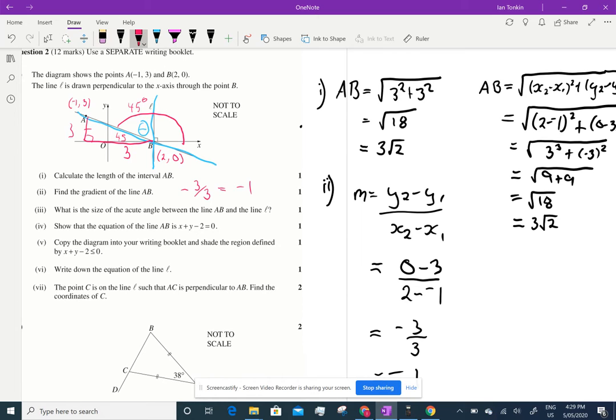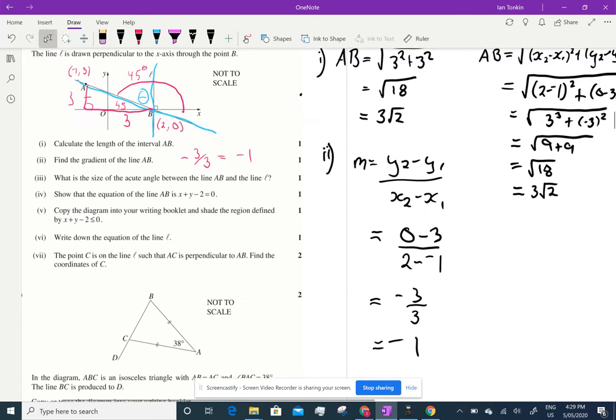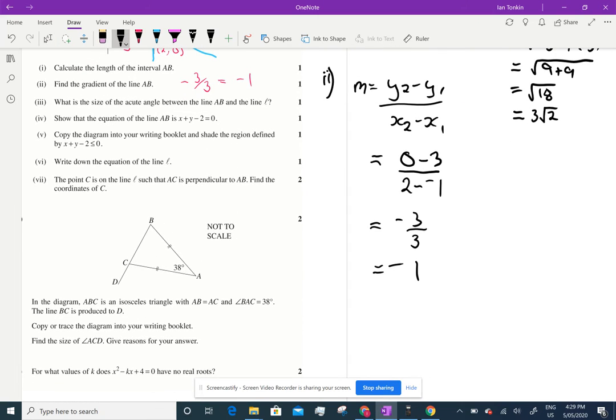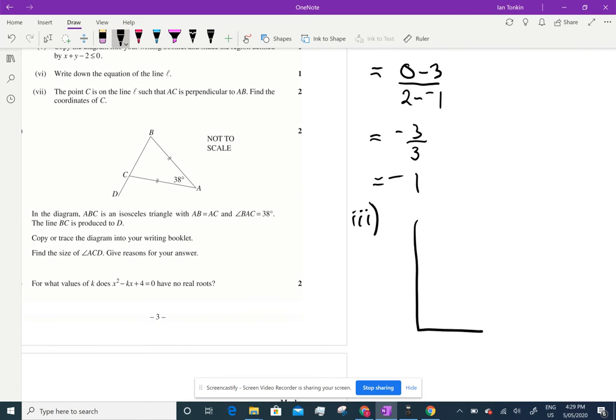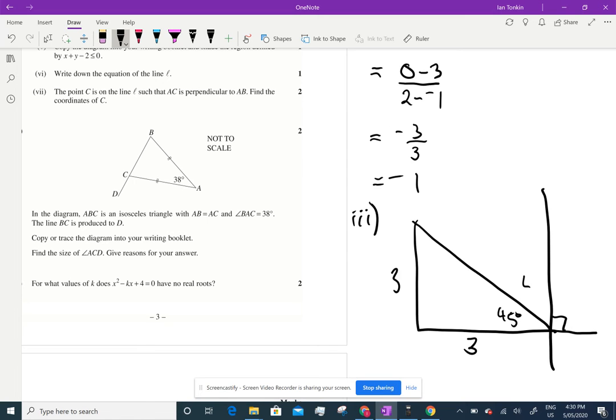So I want you to think about these things in all sorts of ways. One way to do that was to draw it a bit better to scale, and you would have got this 3, 3, down there, 45 degrees. Here's L, that's 90, so that must be 45 degrees.